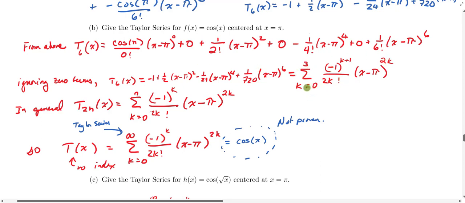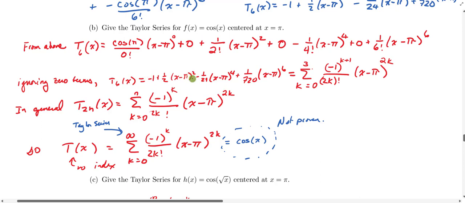And you can check when k is equal to 0, we'd have 2 times 0 factorial. Let me put that in parentheses. 2 times 0 factorial, which is 1. And the numerator would be 0 plus 1, so we get negative 1 to the first power. So we just get a negative 1 there because x minus pi to the 2 times 0 power is x minus pi to the 0th power, which is 1. So that generates the first term.